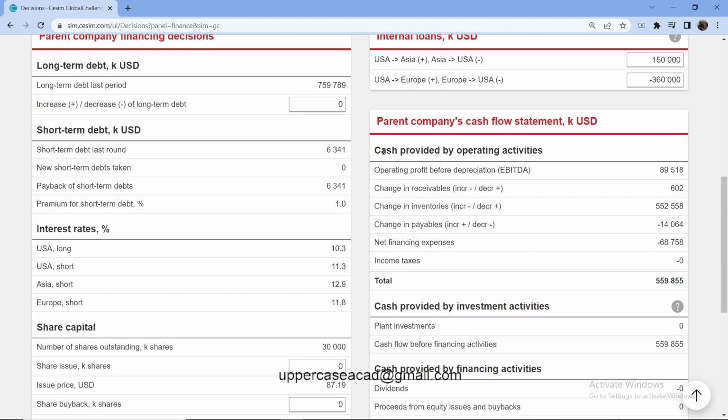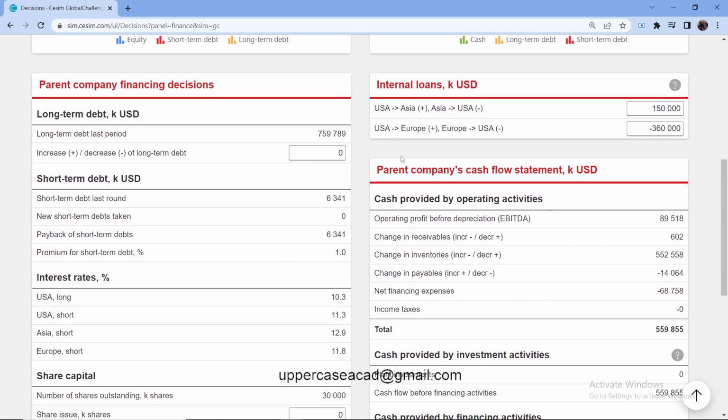We have the internal loans. This enables us to allocate funds between regions, which is very important. So if I want to get money from the USA to give to Asia, I'll put here a positive value, meaning money is moving from the United States to Asia.